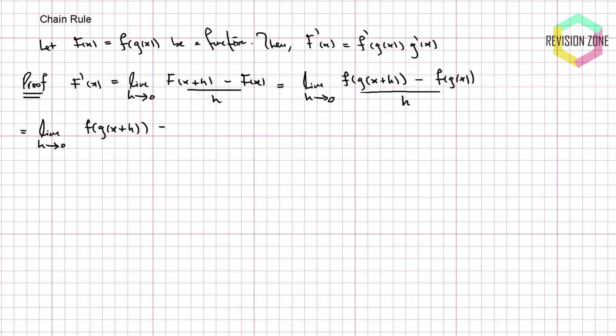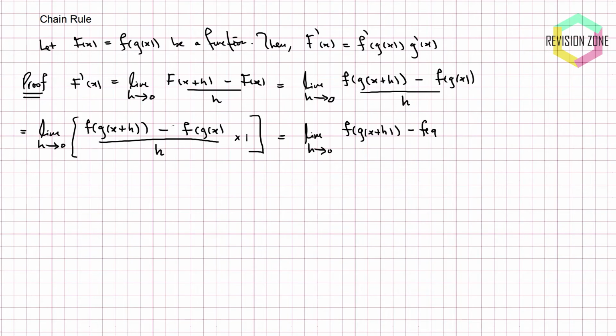If I write down what we've already got, I've got f of g of x plus h, take away f of g of x, over h. Now I want to make the argument that if I multiply something by 1, I don't actually change anything. So let me write the 1 down in a form which is a lot nicer.